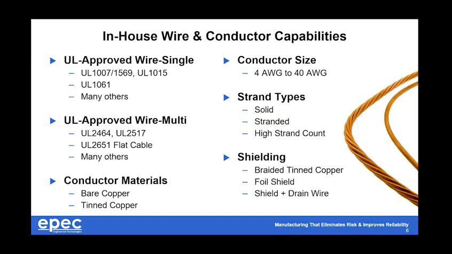Overall, whatever you need from a design perspective, whether it's a single conductor, multi-conductor, a variety of tinning and strand types, or different shielding methodologies, the odds are there is a UL wire that we have that can be used in your application.